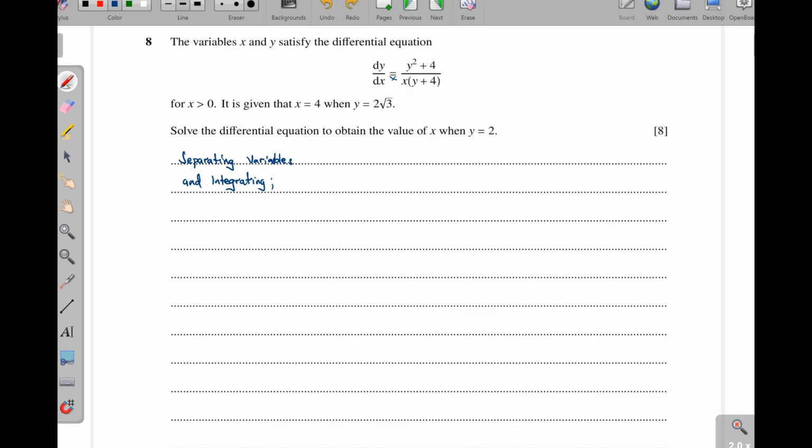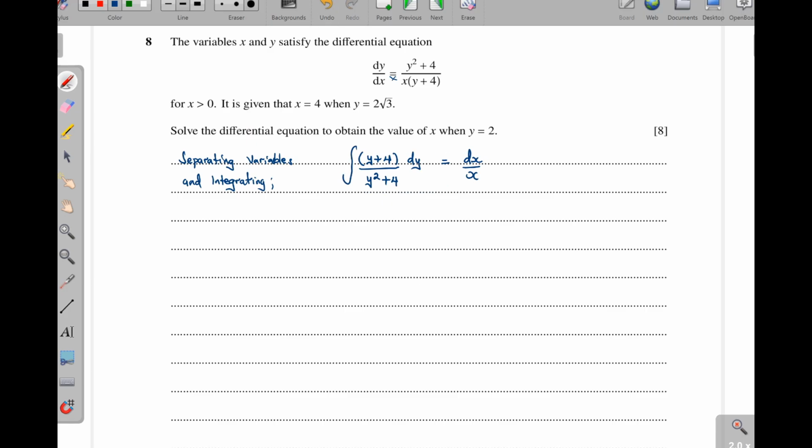So meaning what we are going to have is dy, then here we shall have y plus 4 over y squared plus 4. And then this side we are going to have dx over x. You see that? That is separating variables, and that is one mark.